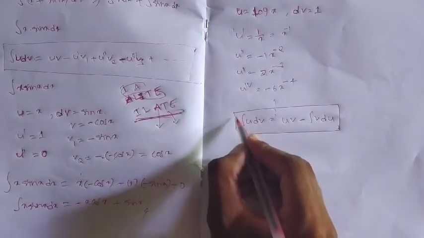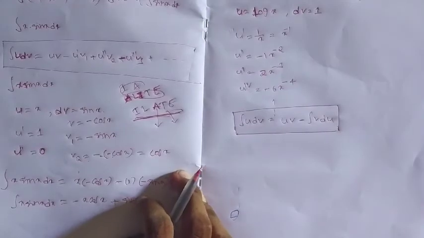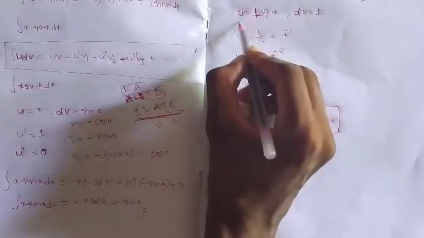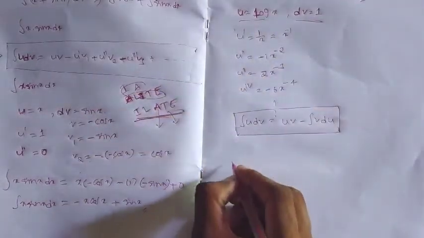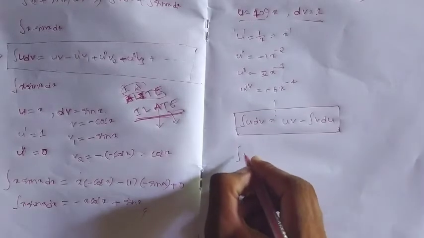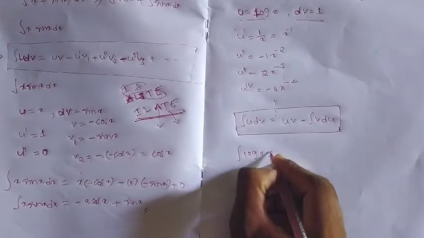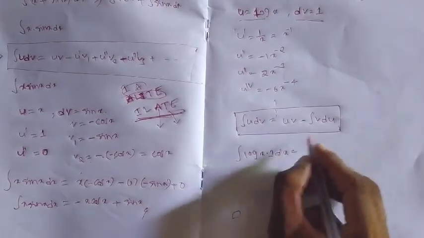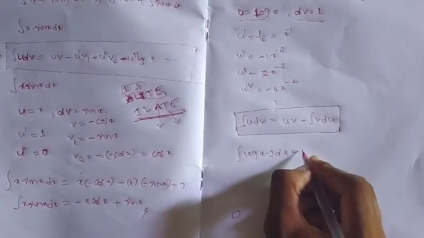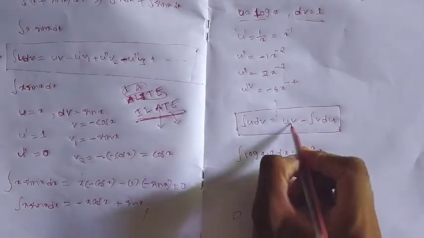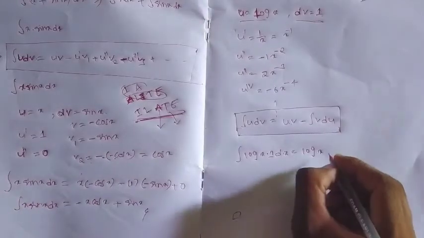By using this formula we can integrate this log x. So how to integrate log x? Let's see. Here we have u is equal to log x and dv is equal to 1. So I am substituting the values in this formula. u is log x and dv is 1 dx. So it is uv: u is log x and v is the integration of dv, and integration of 1 is x.